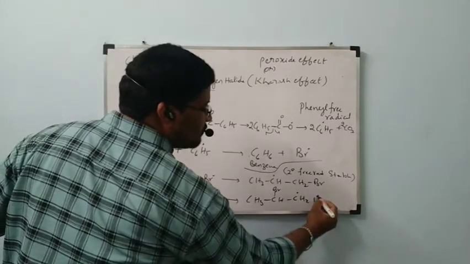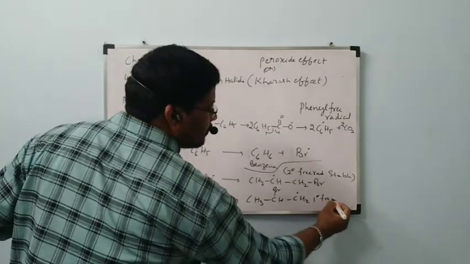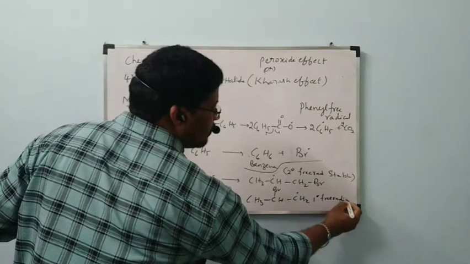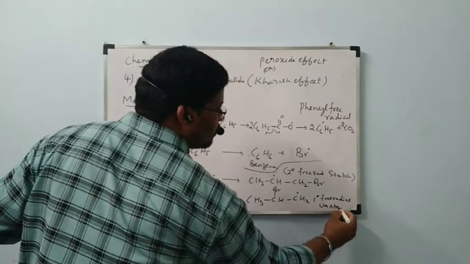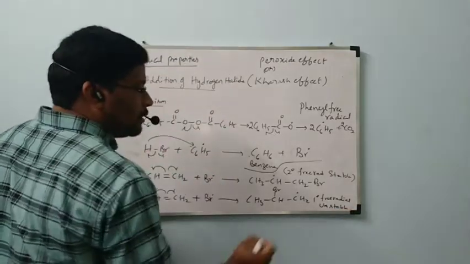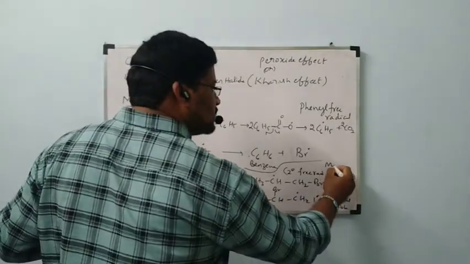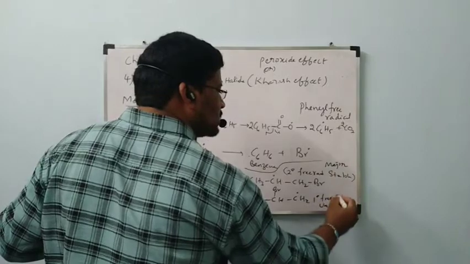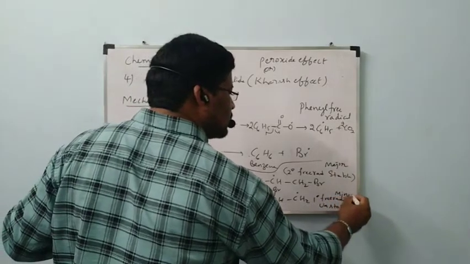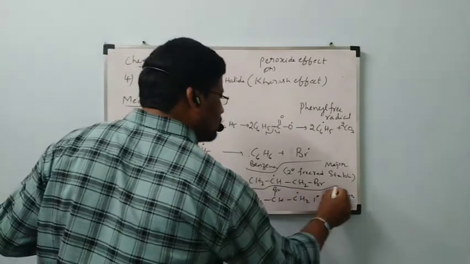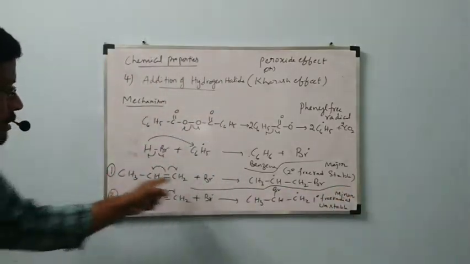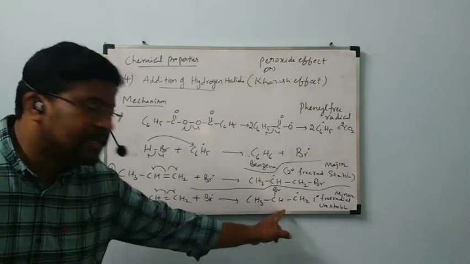Here CH2 free radical is primary, which is unstable. Stable, it is major product. Unstable, it is minor product. This is the first possibility, and this is the second possibility.